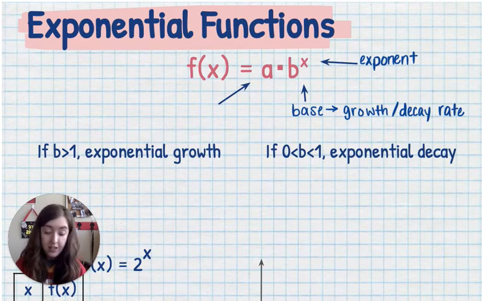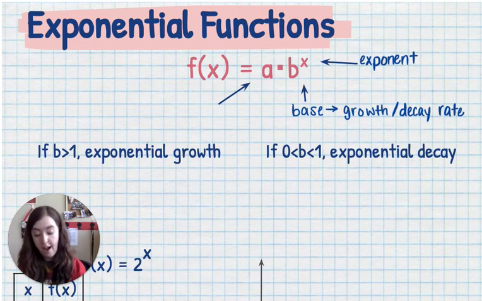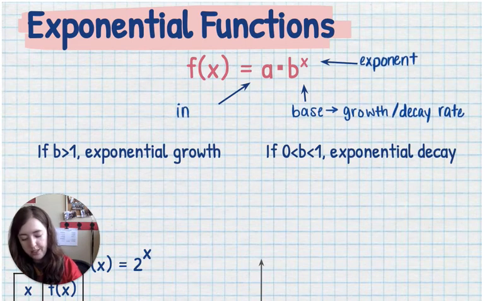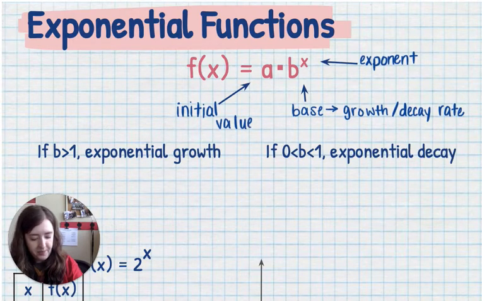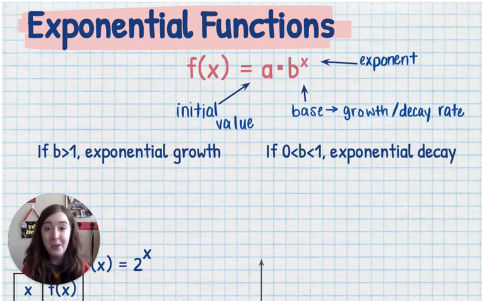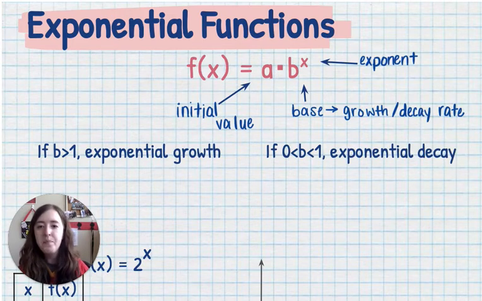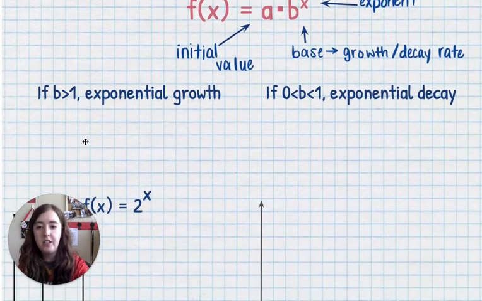So that number out front, if we are in a real world situation, is called an initial value. If you're trying to write an exponential function based off of a situation, hopefully that can help you out a little bit. So let's talk about exponential growth.